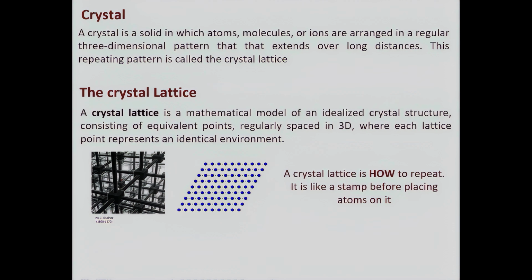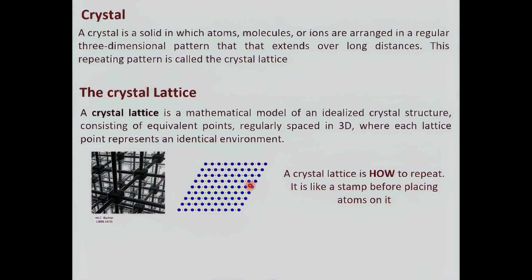Here we have reported two examples of a crystal lattice, one constituted by parallelepipeds and the other with only dot points, blue points. A crystal lattice is a mathematical model which the crystallographer uses to describe how a crystal is inside.